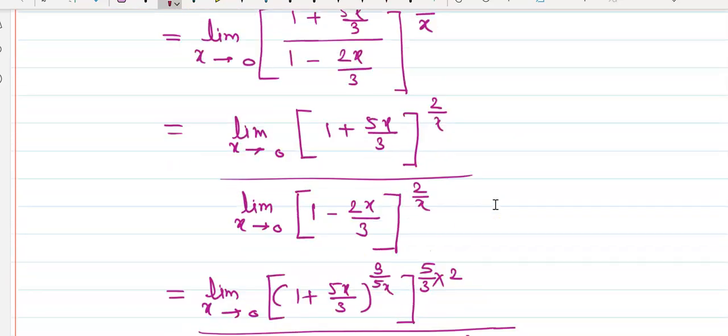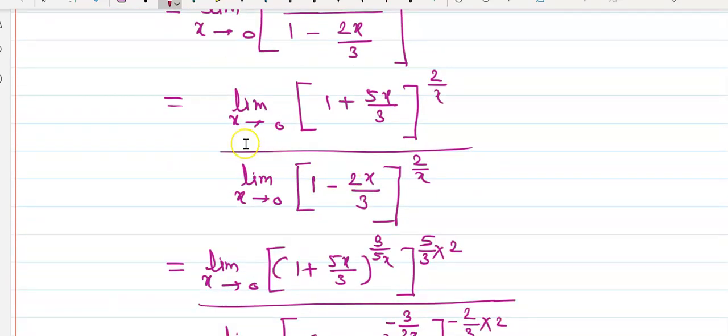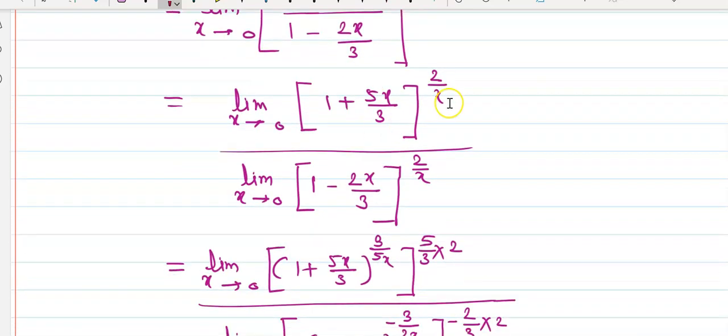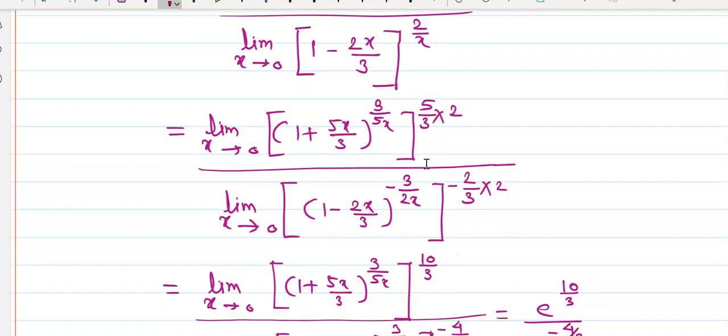Now next we'll separate it. Limit x tends to 0, (1 plus 5x upon 3) raised to 2 upon x, and limit x tends to 0, (1 minus 2x upon 3) whole raised to 2 upon x. Now this is written like this.